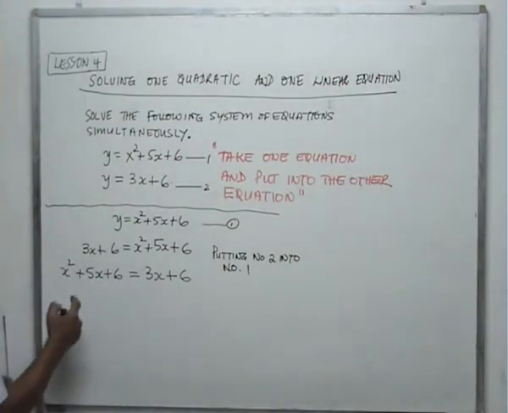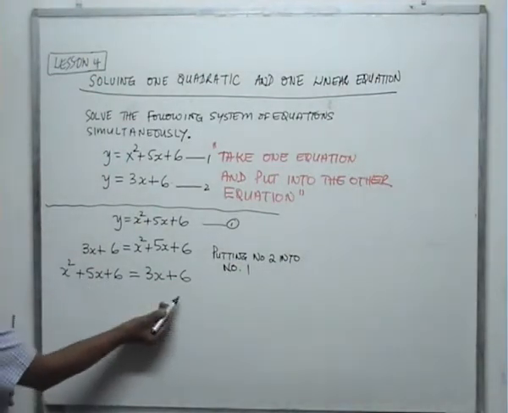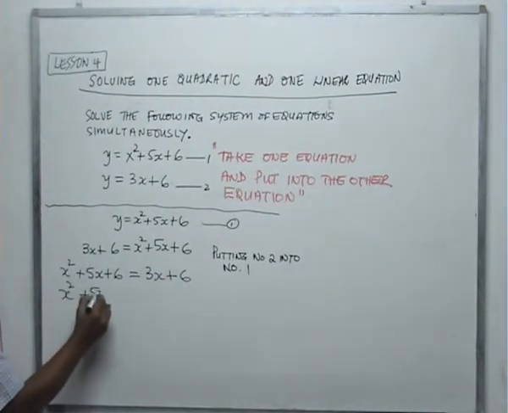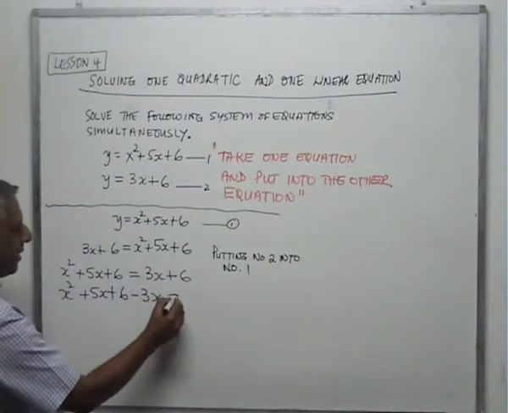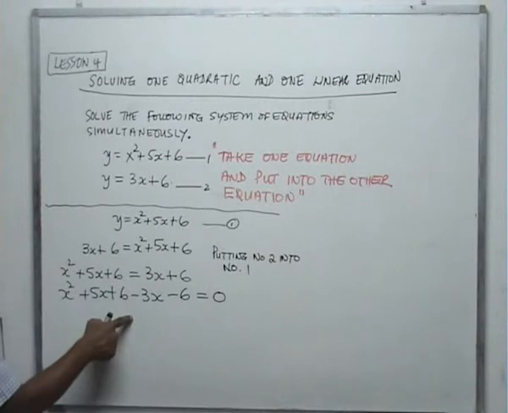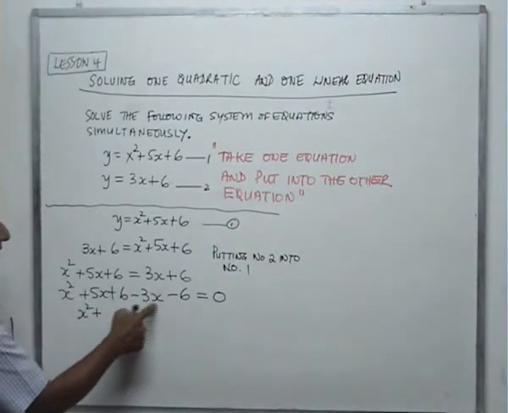And then I can now see a quadratic here. So it's far better for me to bring this to the left hand side and make it into standard form. You see, I'm bringing them to the left hand side. Then I've got x squared. Now I've got plus 5x and I've got minus 3x.